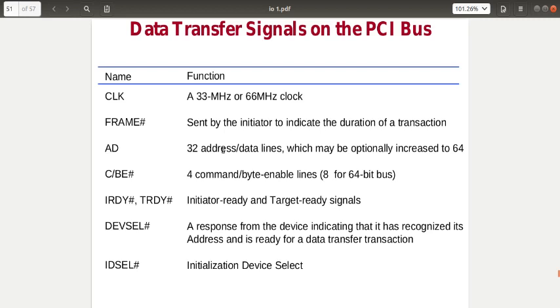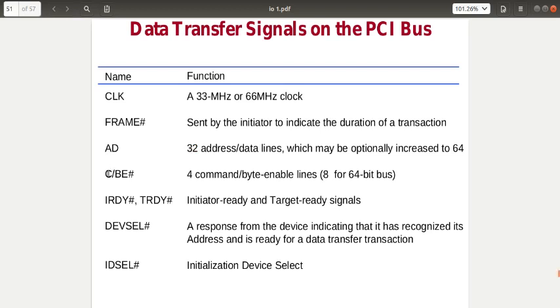This is AD, which means address and data. At a given point of time it will be address, and at another point of time it will be data. There is an option to increase it up to 64. It depends on the specific type of PCI connector or bus that you'll be using.